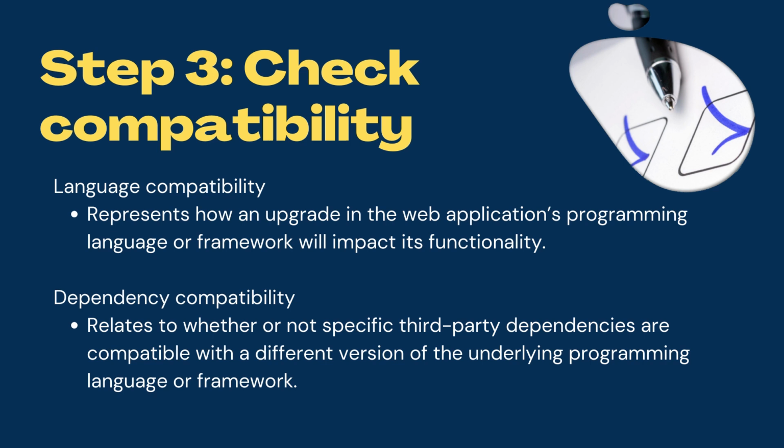So, for example, if you upgrade the programming language or framework, you need to make sure all dependencies are working properly, and the web application will still function. That's what dependency compatibility is all about.